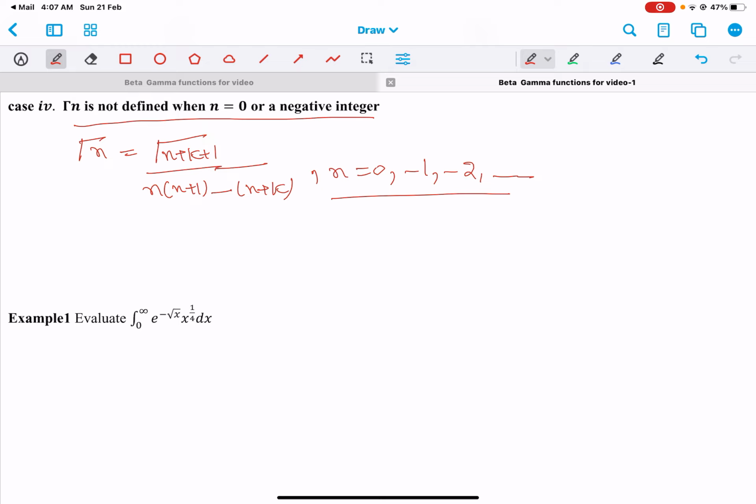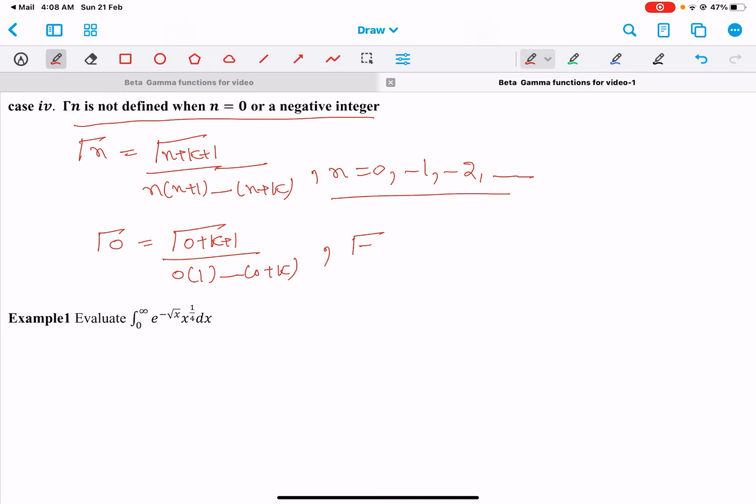How? For example, I want to evaluate gamma 0. So this will come out to be gamma 0 plus k plus 1 upon 0 into 1 up till 0 plus k, which is not defined.